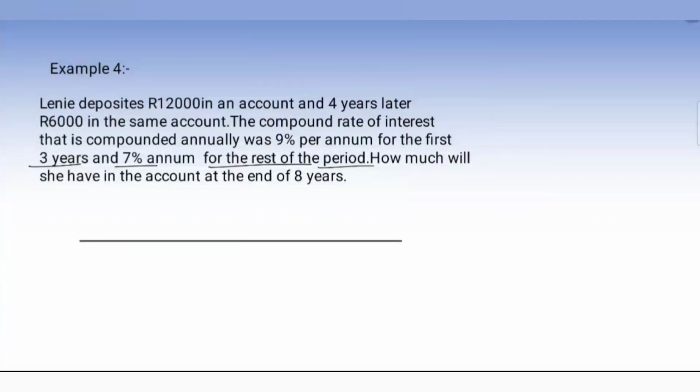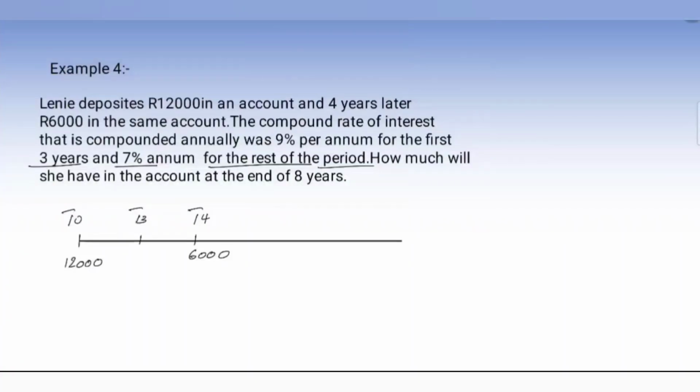Alright guys, first let me write the deposits. First one is T0. T0 is 12,000 rand. Then 4 years later, that is T4. T4 is 6,000. Okay, then the interest rate.